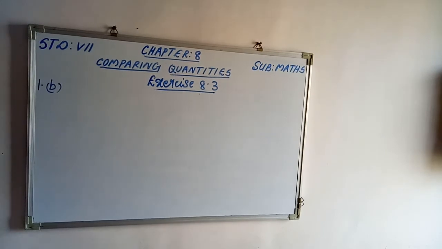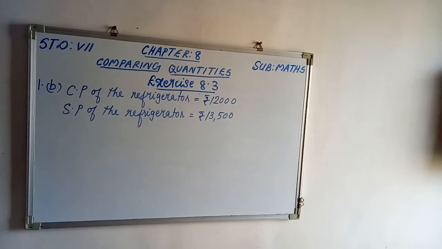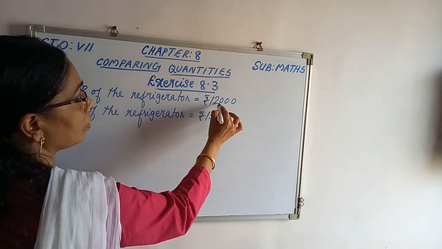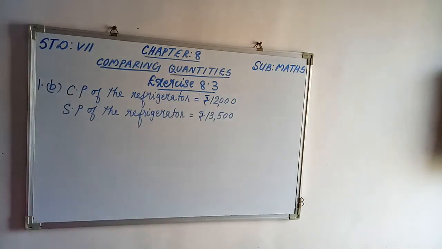Now in B, a refrigerator bought for rupees 12,000 and sold at rupees 13,500. Here write the cost price of the refrigerator, then selling price of the refrigerator, and then compare that. See, cost price of the refrigerator rupees 12,000, then selling price of the refrigerator rupees 13,500. Which is greater?